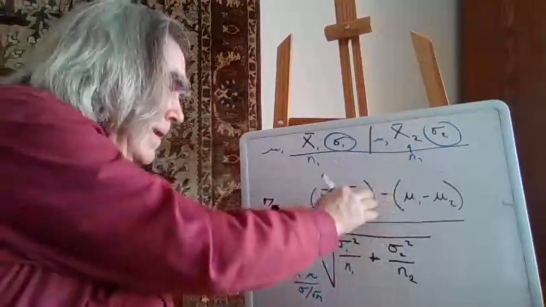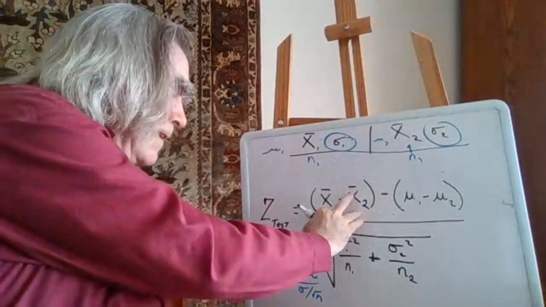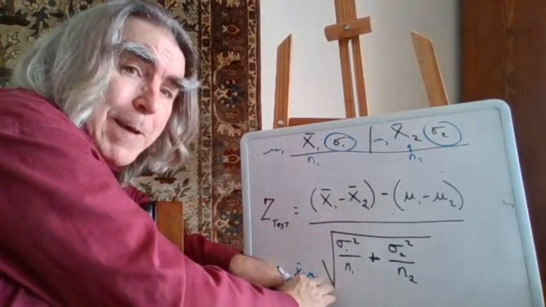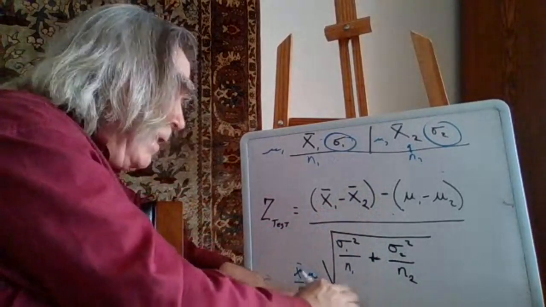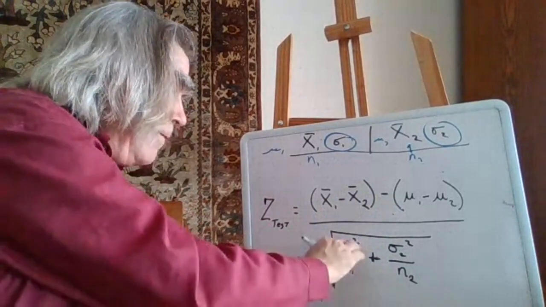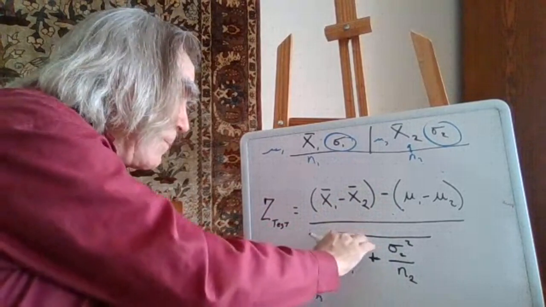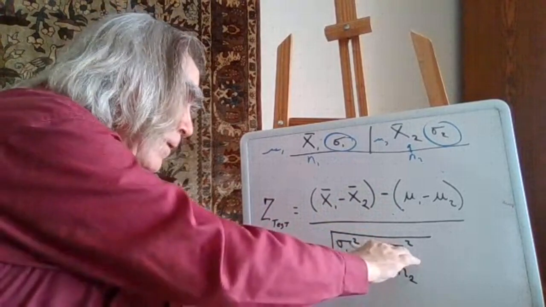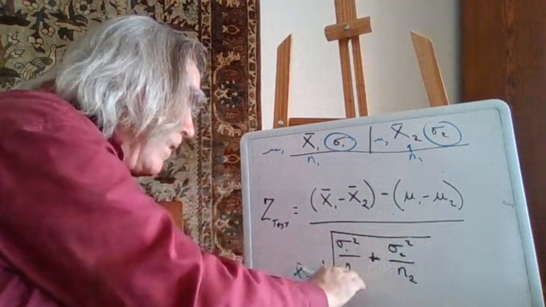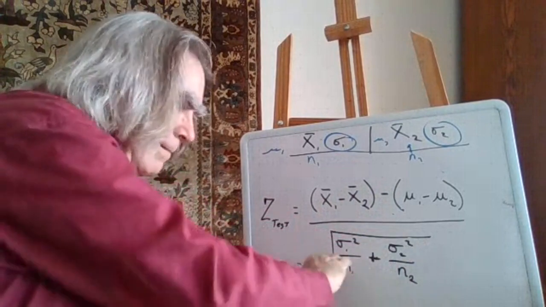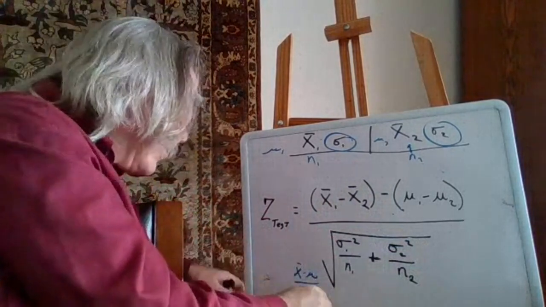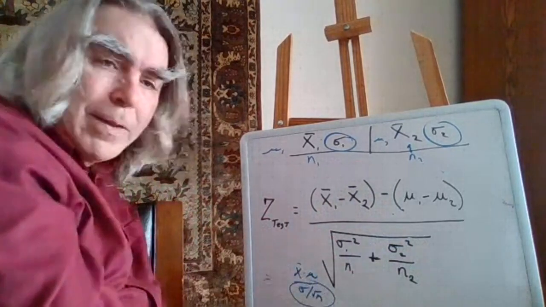This was for the simple case. This is the difference between the x's minus the difference you would expect, mu1 minus mu2. And then down here, instead of sigma over square root of n, you've got the square root of sigma1 squared over n1 plus sigma2 squared over n2. And this down here is a more complicated version of this down here.